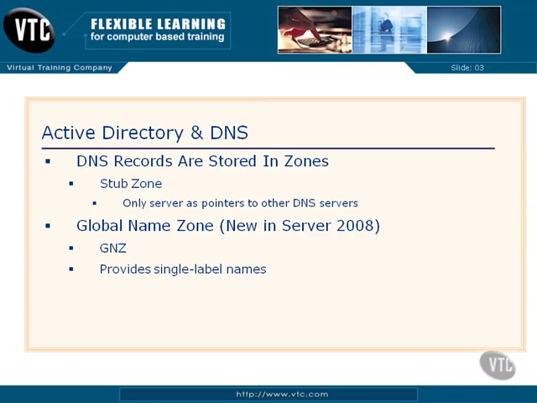Well, that's not just one word, so WINS can't handle that. So GNZ is used to replace WINS. For example, in vtc.class, class is our domain, VTC would be the name of our computer, and so we could put just VTC in there. So anyway, this is just another attempt to get us away from WINS.